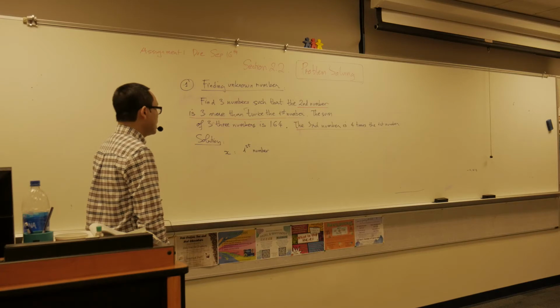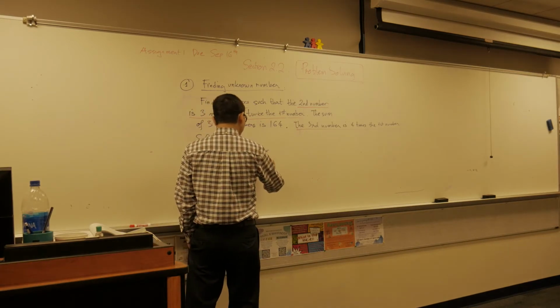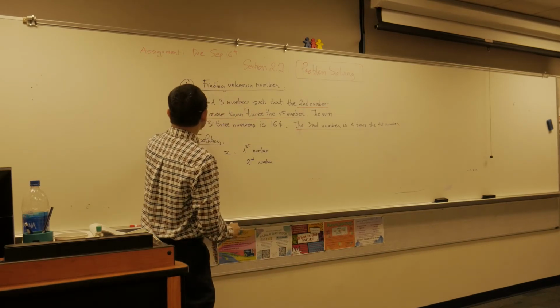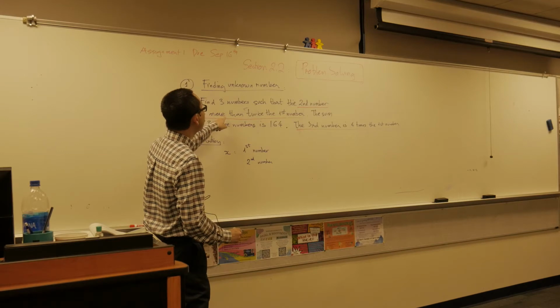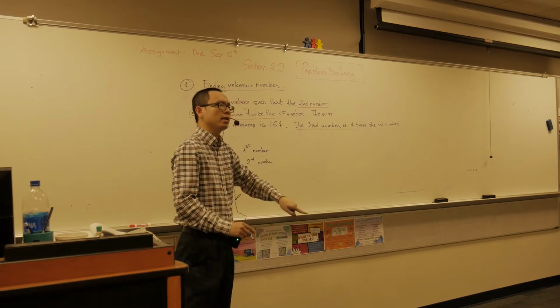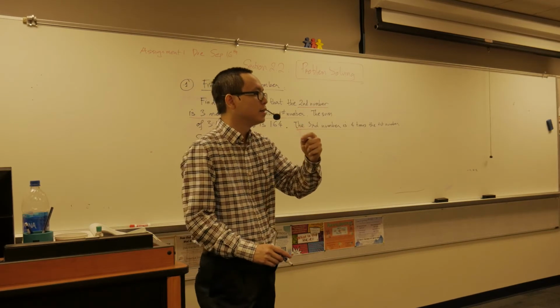Alright. Then what is the second number? 2x. Okay, he said 2x, is that correct? The second number is 3 more than twice. What does it mean by that? 3 more than twice.